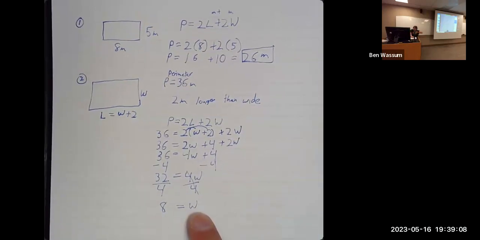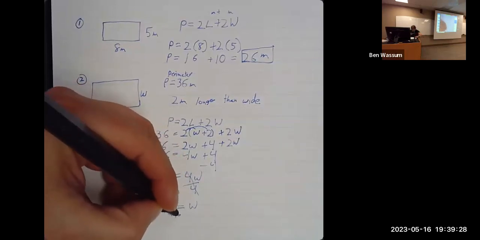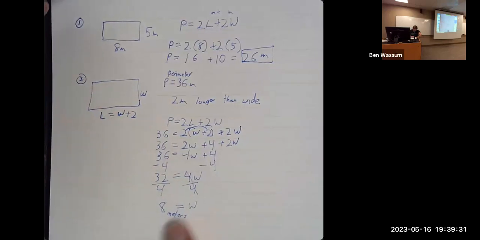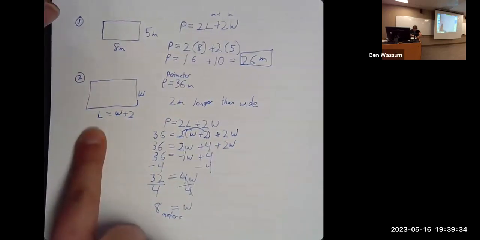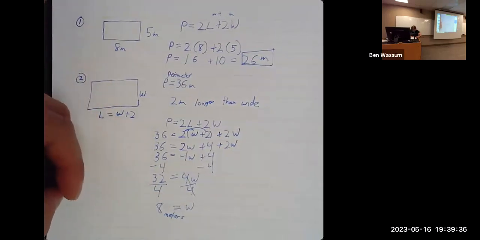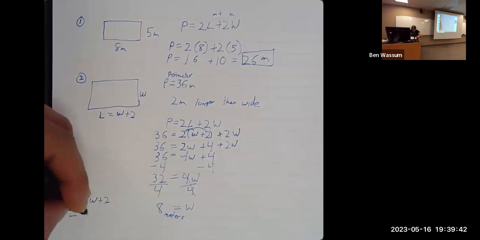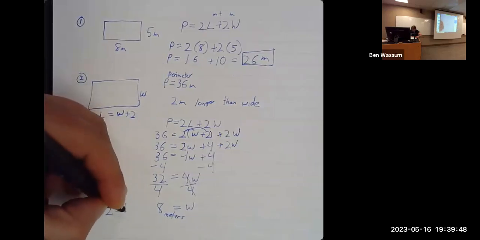Well, the question is, what's the length and what's the width? If I said 8 equals W, that wouldn't fly, right? I need to actually be able to say what it is. What's our width and what's our length? Well, we know what our width is now. It's 8, and our units are M, so meters. So if our width is 8, what's our length? We have to figure that out. If our L is W plus 2 still, now that we know what our W is, we can just plug it in and we get 10.